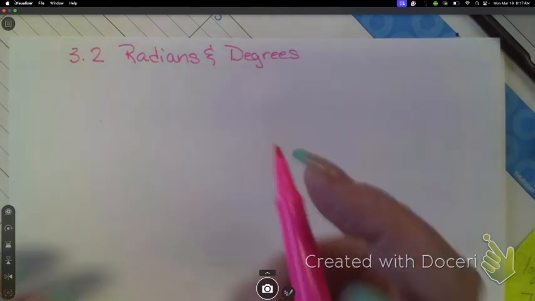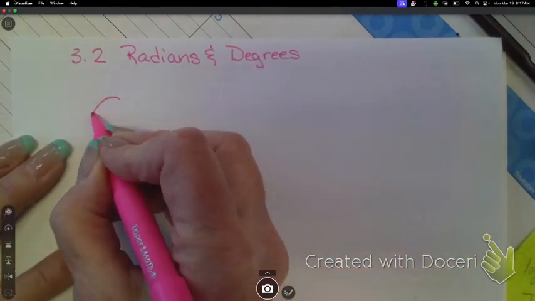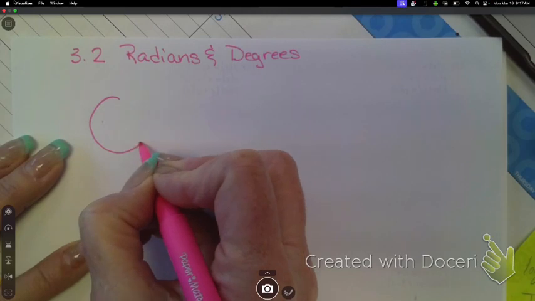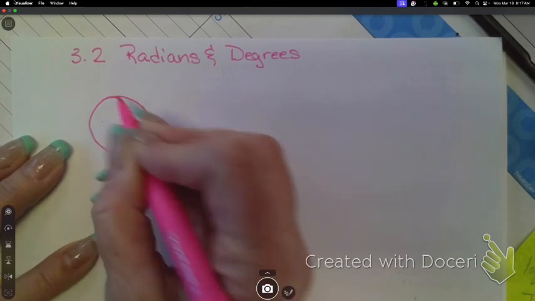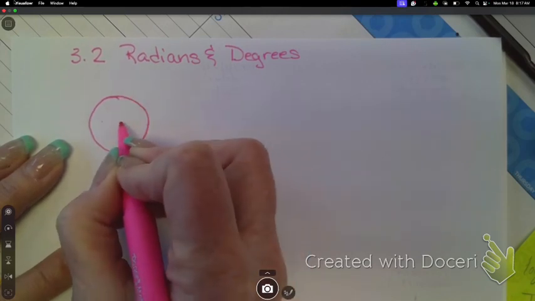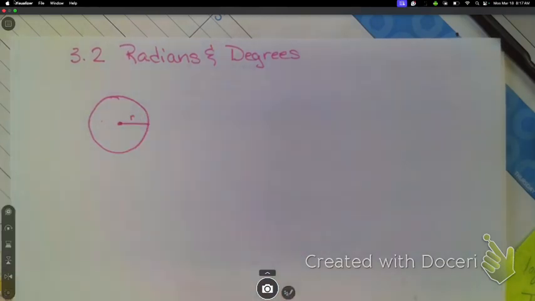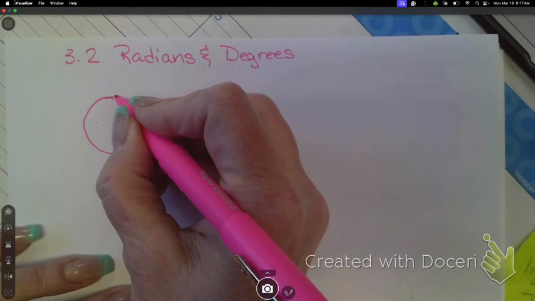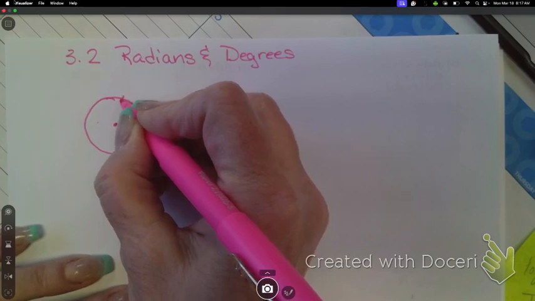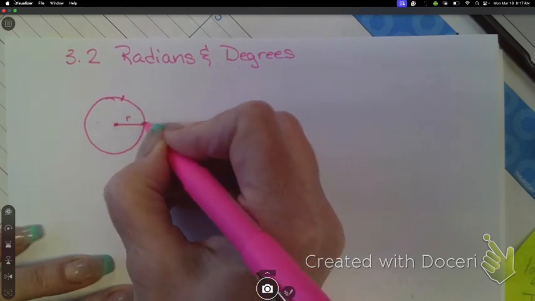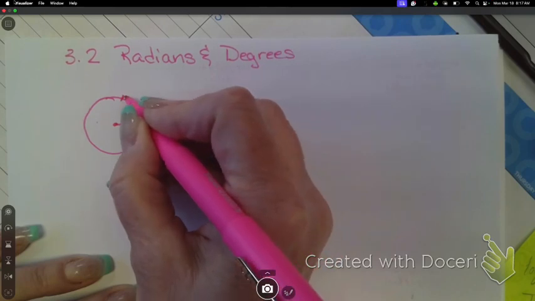Okay, a radian is the radius, so this is my radius, right? Marked on the circumference of the circle.